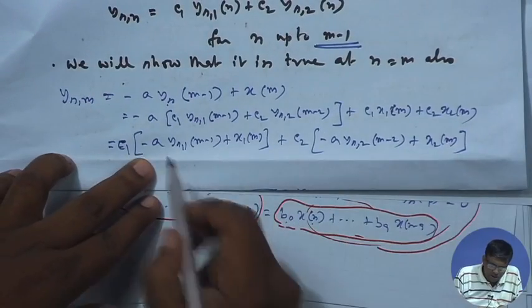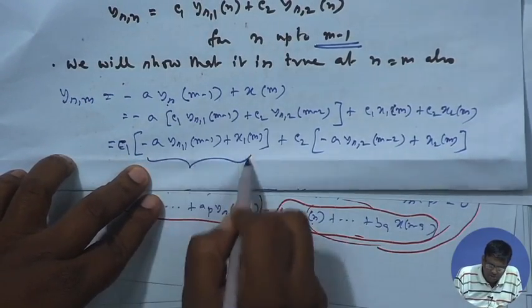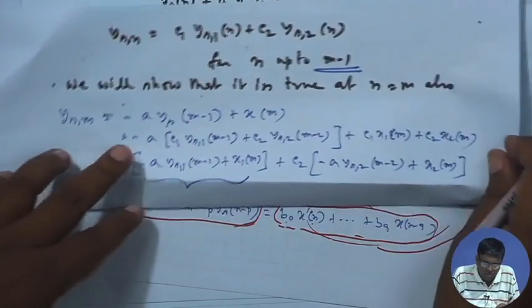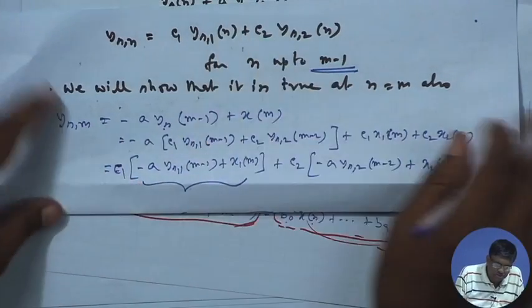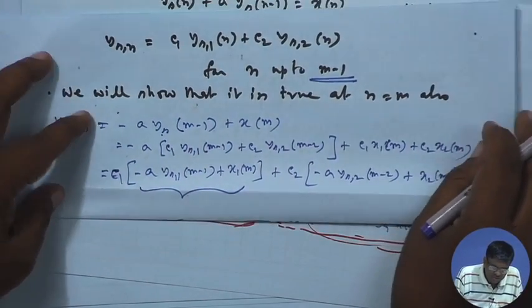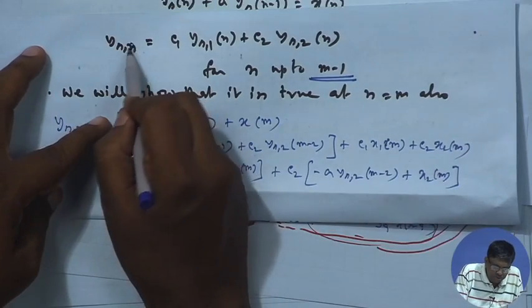And what was this part? From this equation, if I put m here, okay, this is within bracket, sorry.